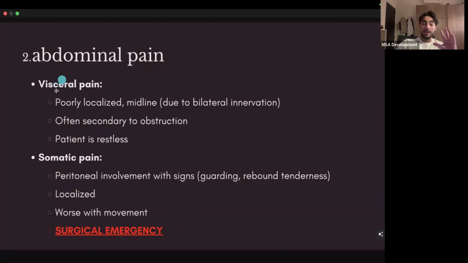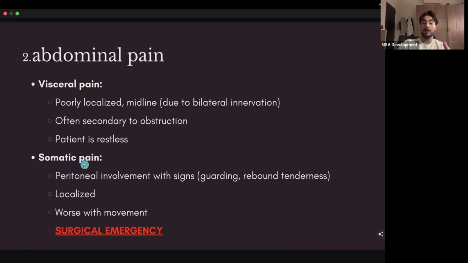So again, visceral pain is poorly localized and midline due to the bilateral innervation of the viscera, and it's often secondary to obstruction, and the patient would be restless rather than in severe actual pain.